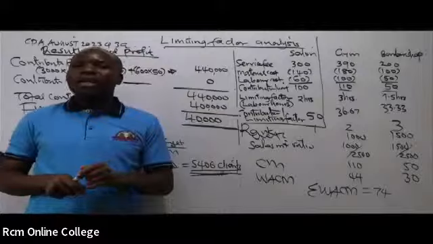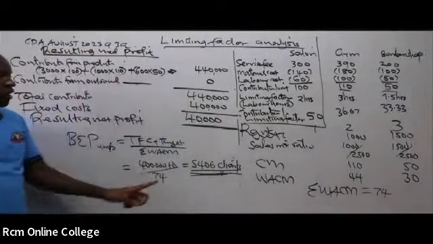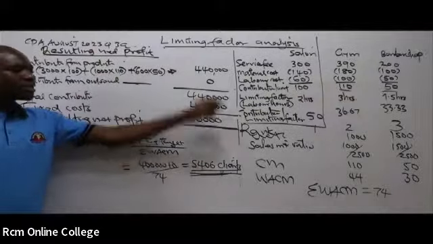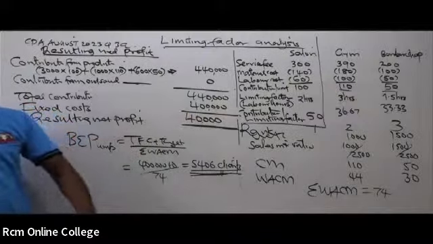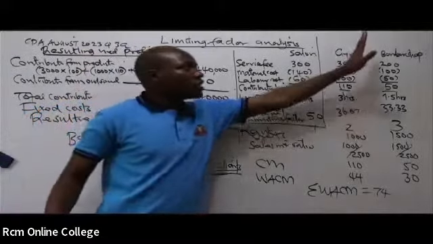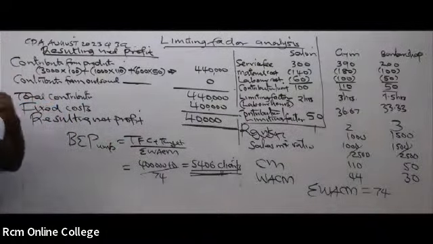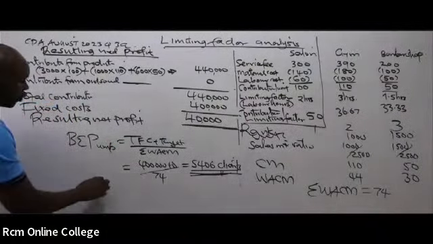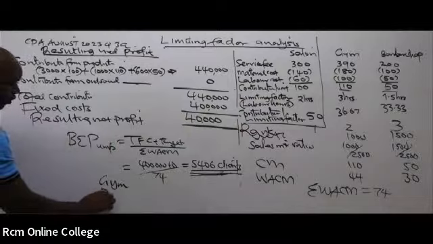For them to break even, for them not to make any loss, they're supposed to serve a total of 5406 clients. These represent those who will be served in the gym and those who will be served in the barbershop. Are you able to give us the specific number for the gym and the barbershop from this 5406?